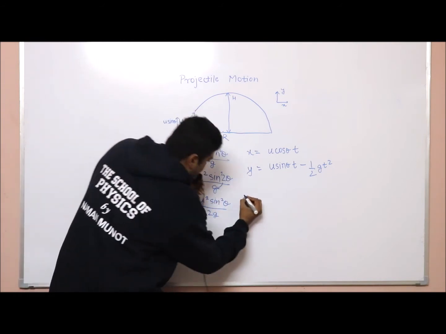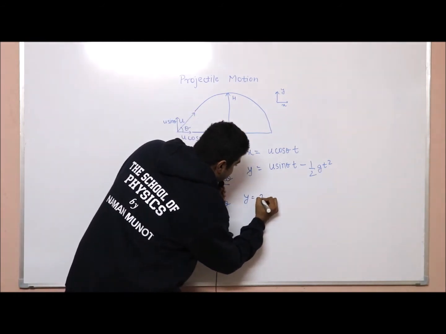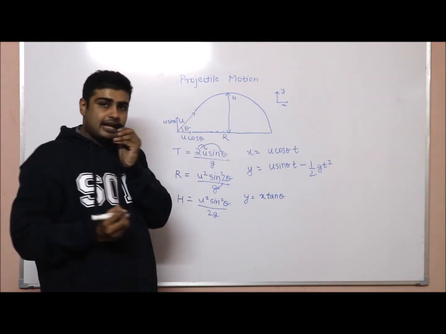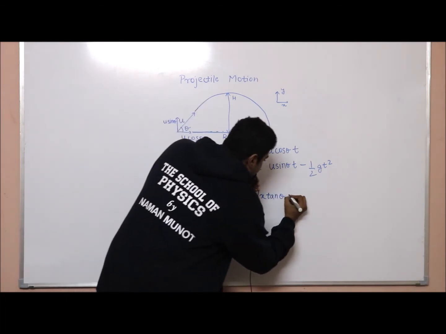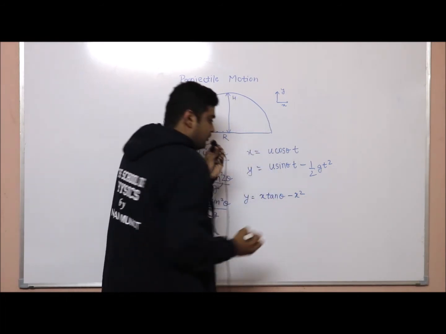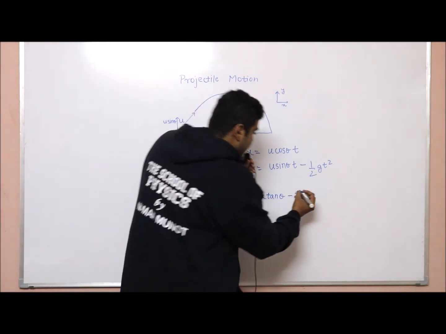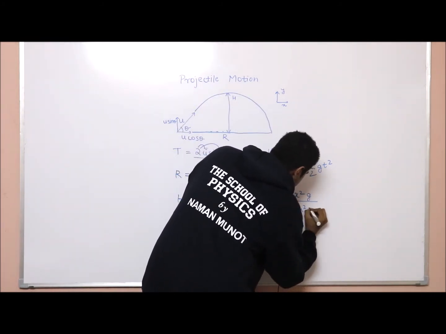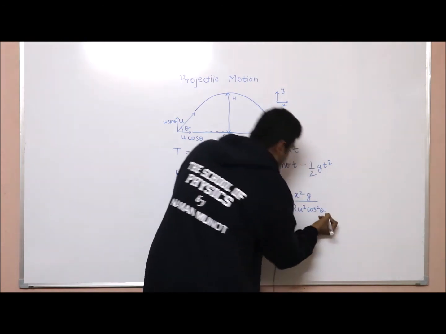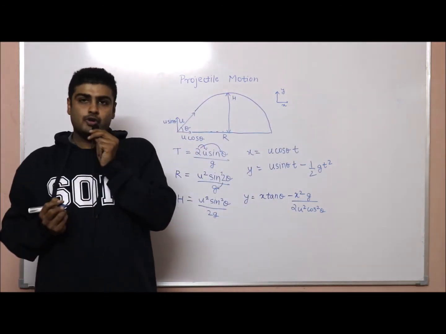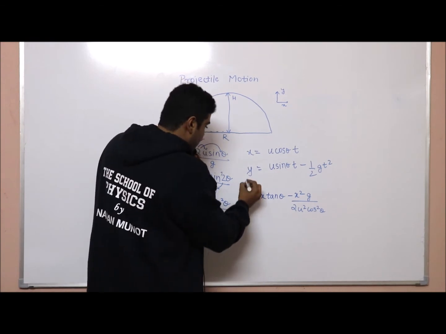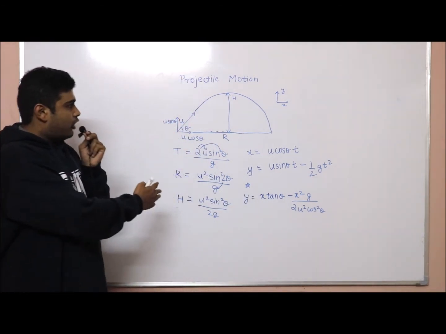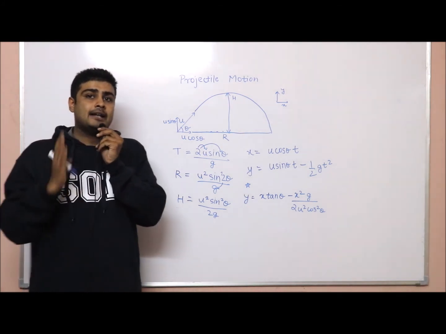So y can be written as x tan theta minus x square into g upon 2 u square cos square theta. Very important formula. All you have to do is remember all these formulas in projectile motion and apply them directly in the exam.